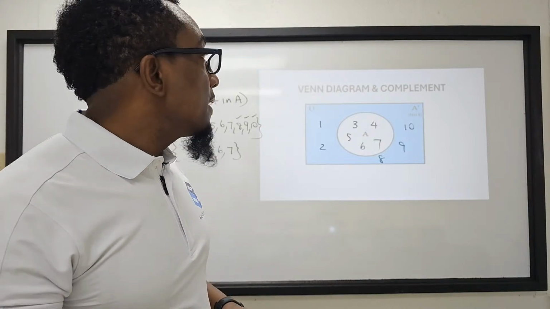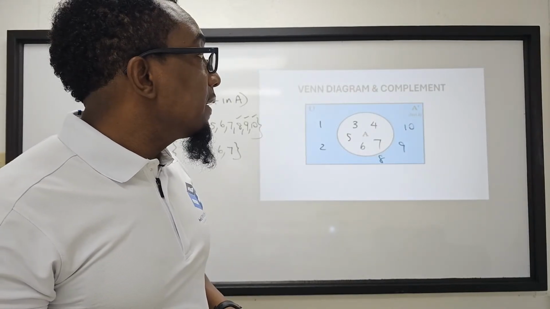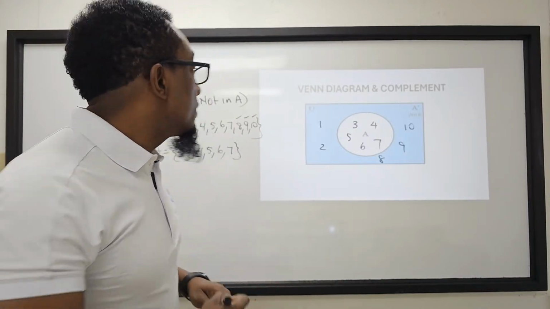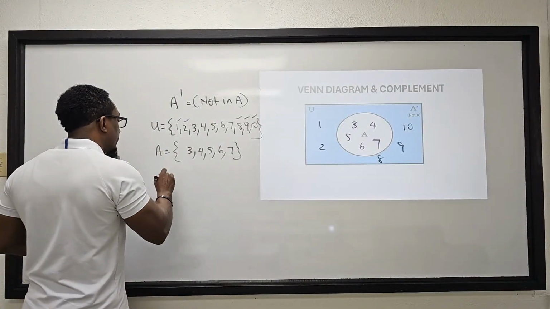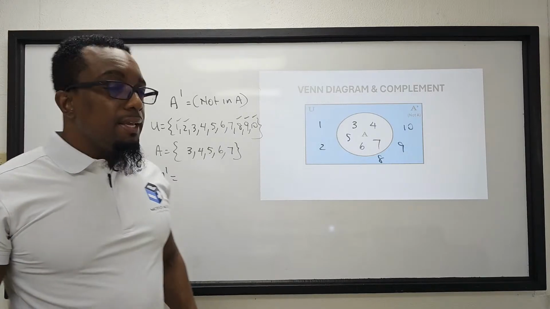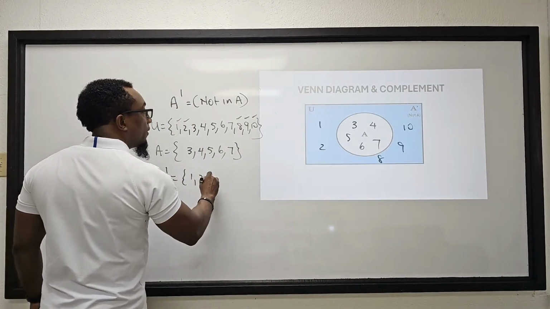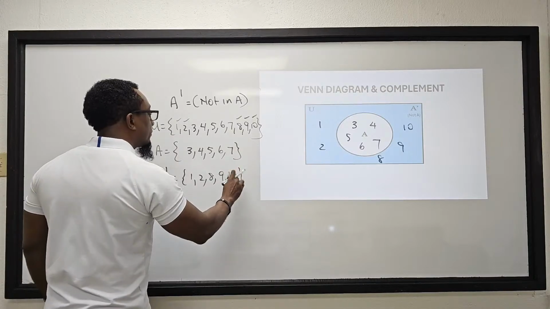But we need to understand that 1, 2, 8, 9, and 10 will represent the complement. They are not in A, so therefore it's the complement of set A, whose elements are 1, 2, 8, 9, and 10.